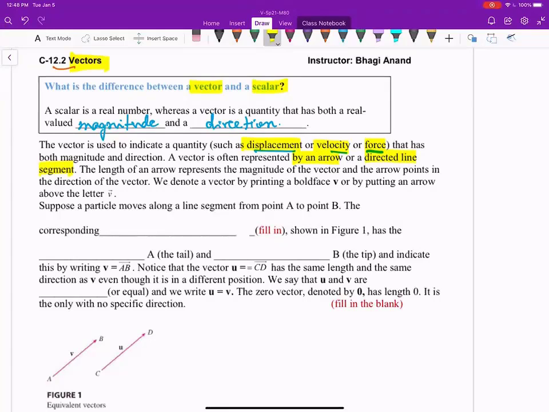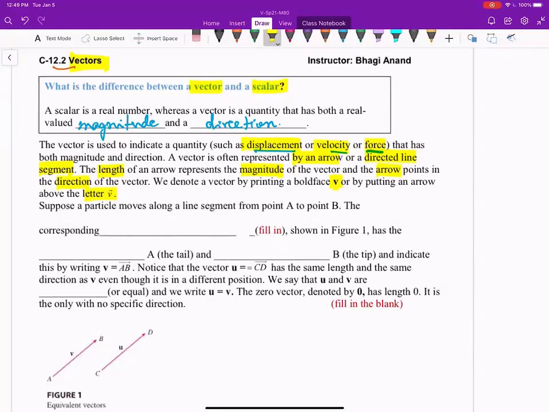The length of an arrow represents the magnitude of the vector, and the arrow points in the direction of the vector. We denote a vector by printing a bold-faced V or by putting an arrow above the letter V. On top, there is an arrow.